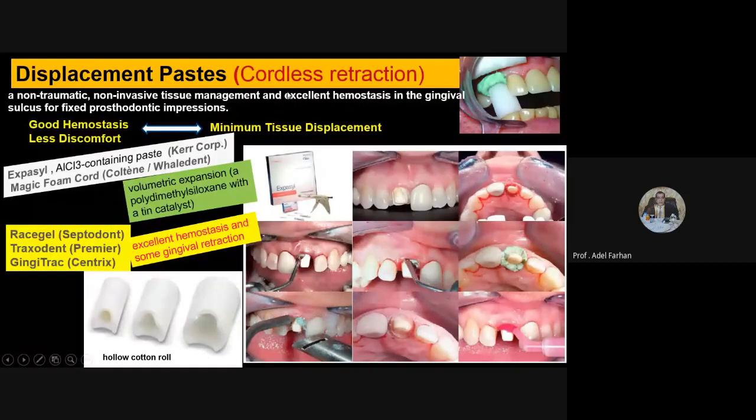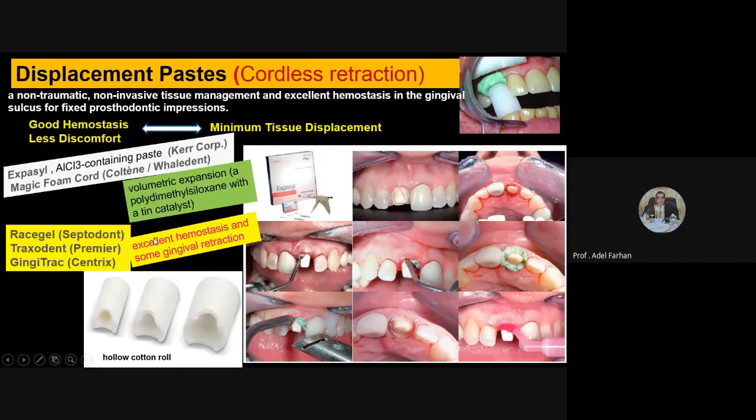The other technique is cordless retraction technique. In this we use a chemical material. This technique is non-traumatic, non-invasive, and excellent hemostatic into the gingival sulcus. Most of these materials produce good hemostasis and less discomfort. مثل Expasyl, Racegel, Traxodent, Genium Trax.